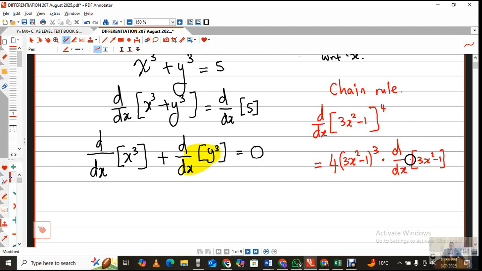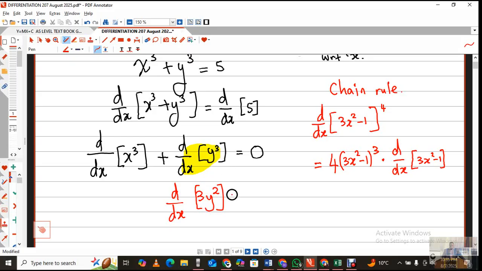So now we're going to do that same approach over here. We are going to say, because this is the chain rule, that you derive like you would derive normally, so that becomes 3y squared if you were to do that normally.